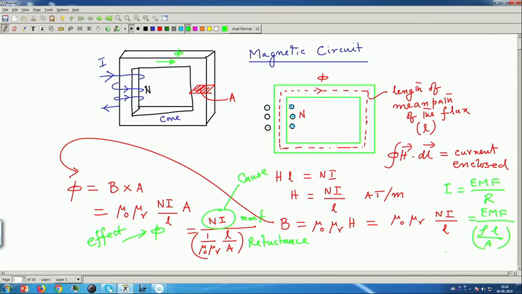Although, in an electrical circuit, as you know, the circuit is like this, resistance, and this is your EMF, say E by R, and this is the current. But in a magnetic circuit, this MMF and this flux, wherever it is flowing, are totally decoupled.